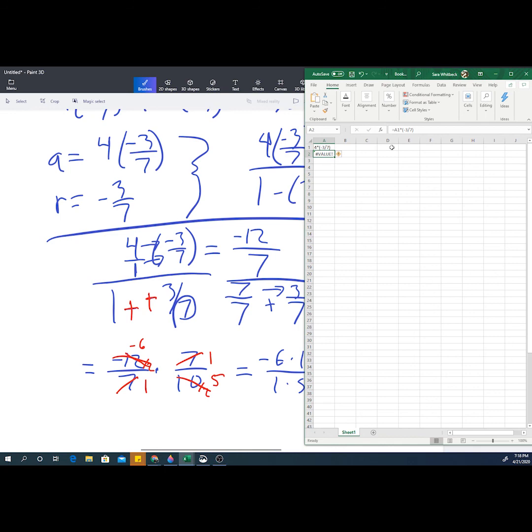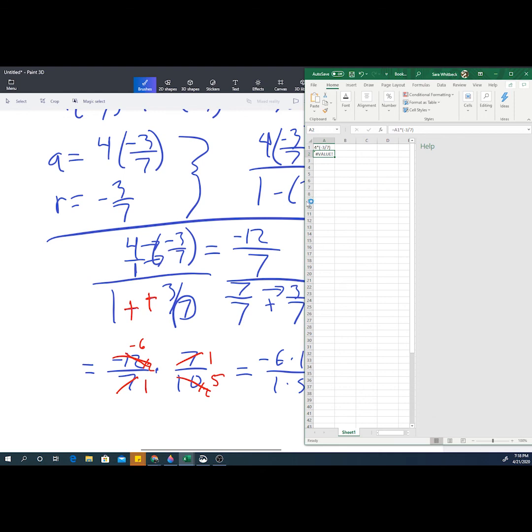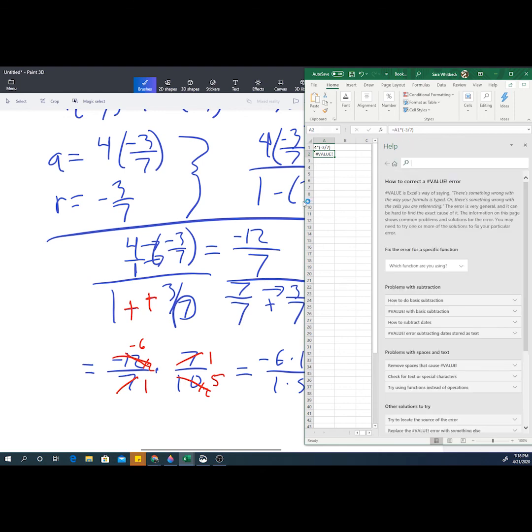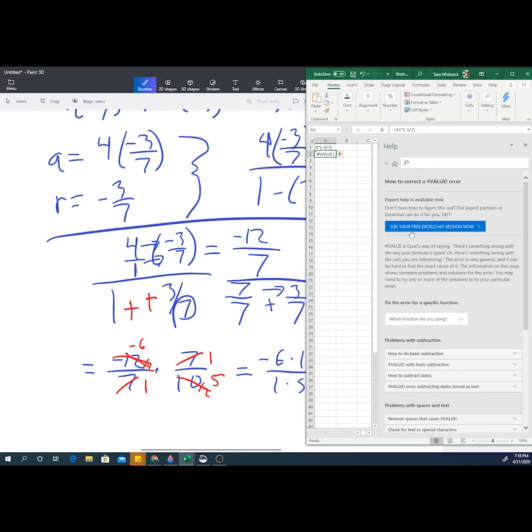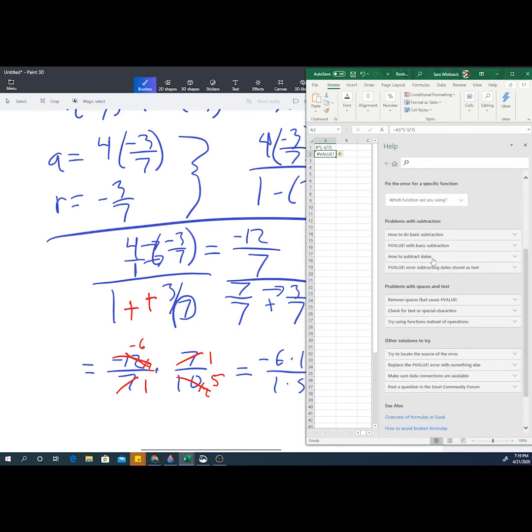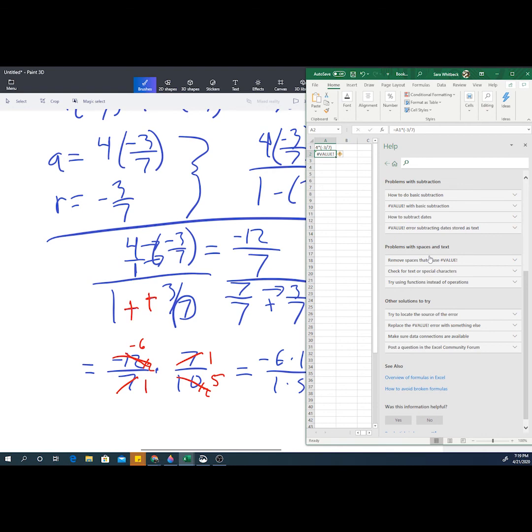It didn't like that. Why didn't it like it? I think it probably still has to do with this negative here. But it's not loving. I'm going to use their help to figure out where my error is. Okay, I think it thinks that I want to subtract the number.